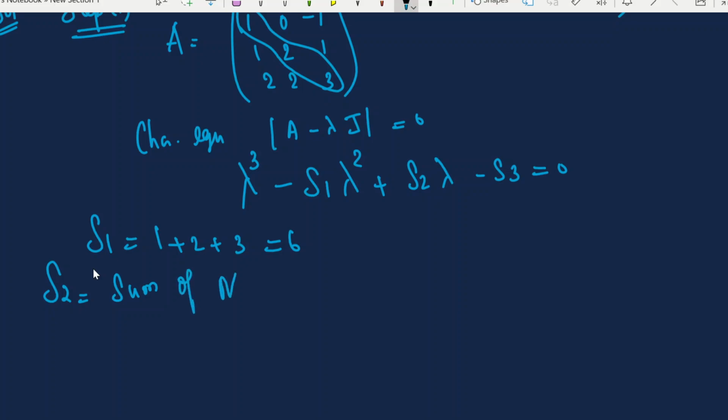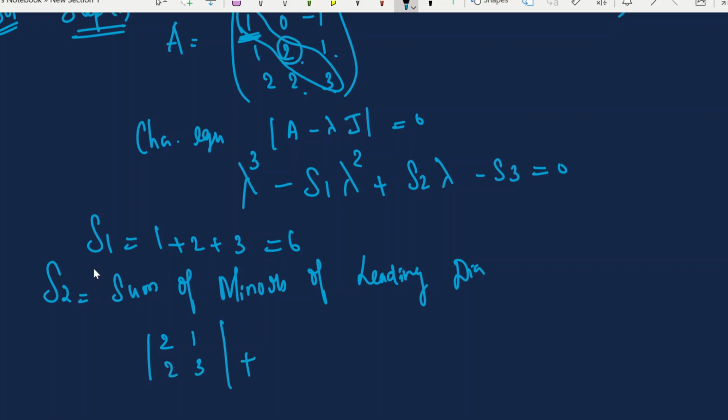The minor of 1 is [2, 1; 2, 3]. Plus the minor of 2: neglect the corresponding row and column of 2, giving [1, minus 1; 2, 3]. Plus the minor of 3: neglect the corresponding row and column of 3, giving [1, 0; 1, 2].